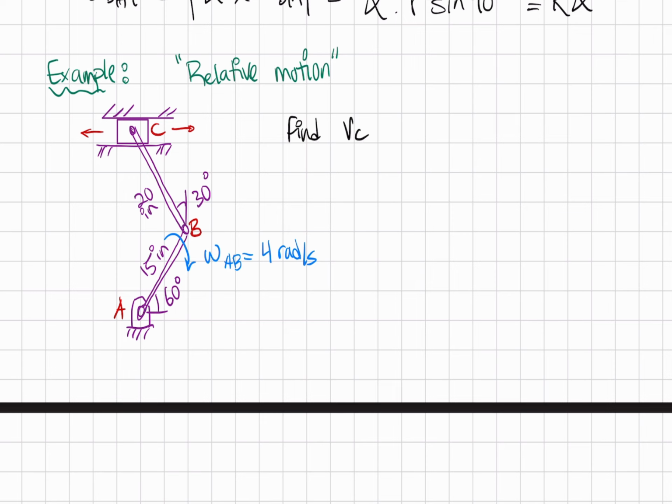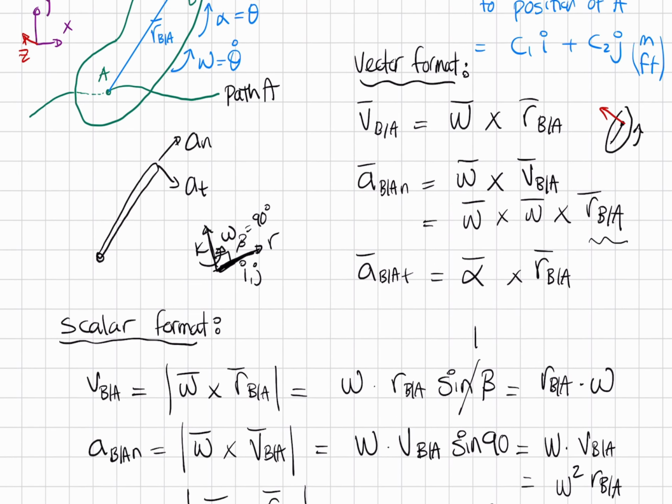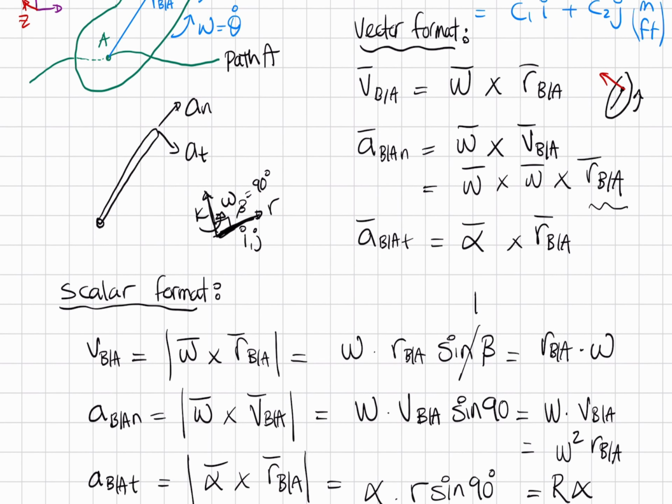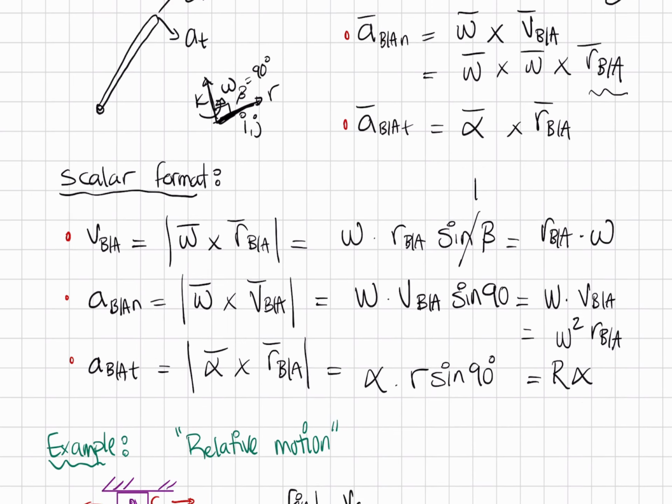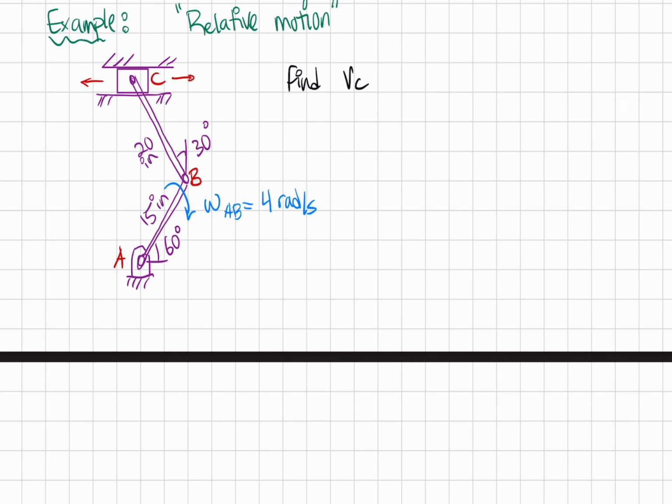Now we can utilize the relationships we identified earlier, all of these equations here, which are pretty much the same things, but it's useful to utilize all of them. We want to find the velocity at C. I want to start from the fixed position at A, where I have a pin.